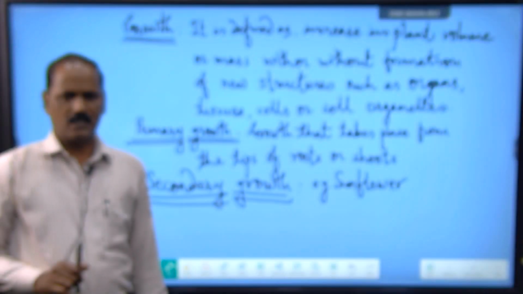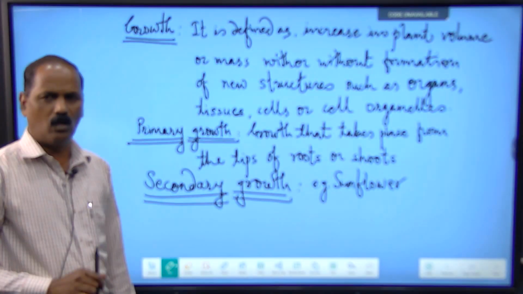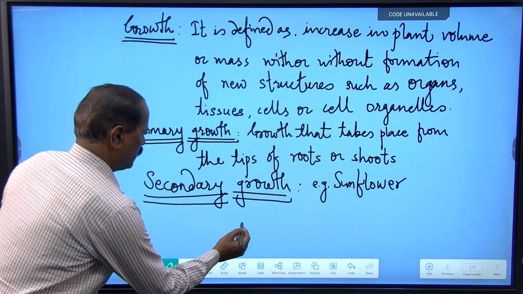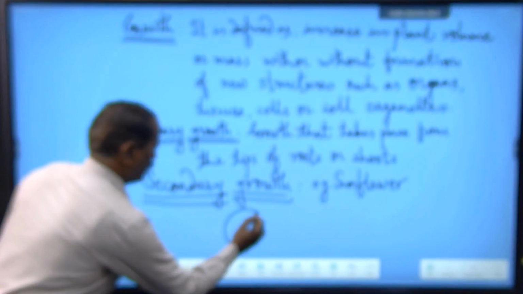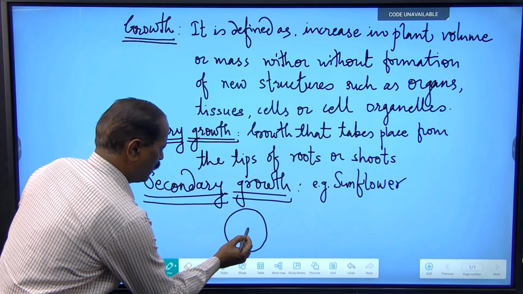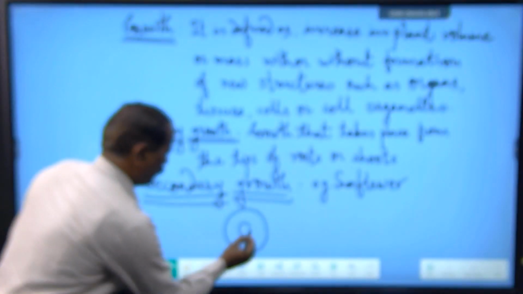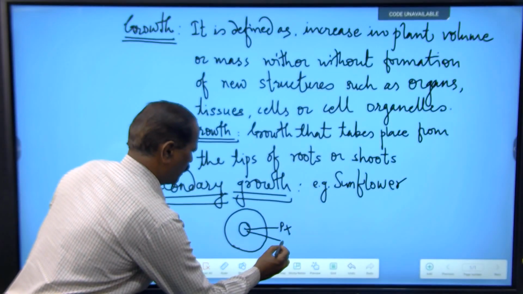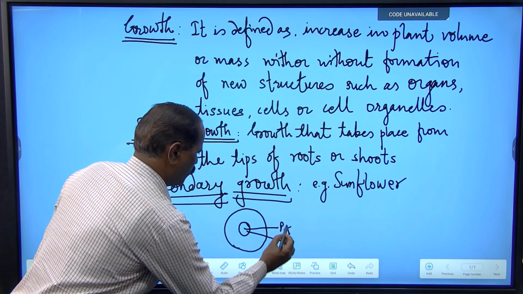For that we have to go for the anatomical details of a mature sunflower stem. Suppose this is the outline of the sunflower stem, and these are the primary structures such as primary xylem followed by primary phloem.